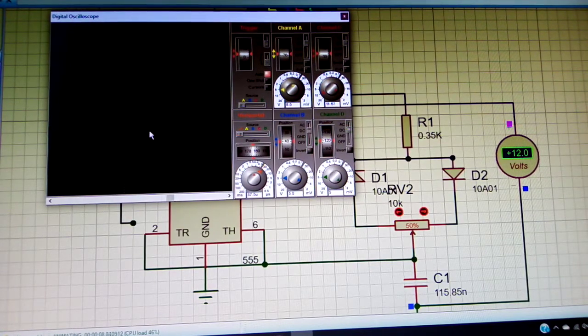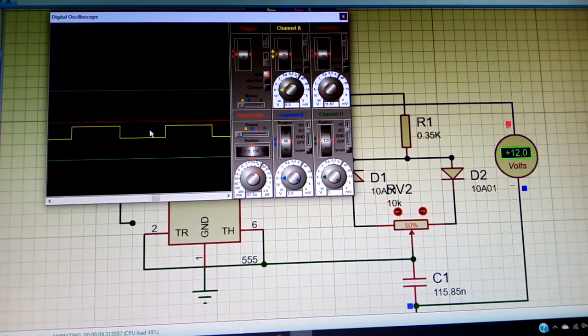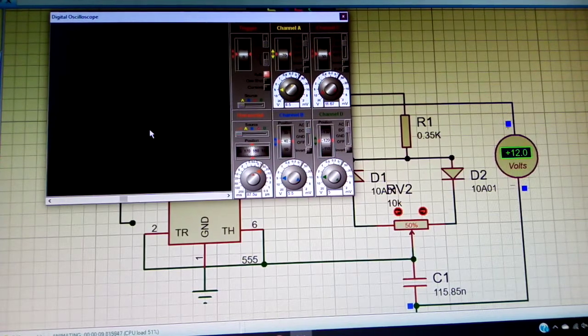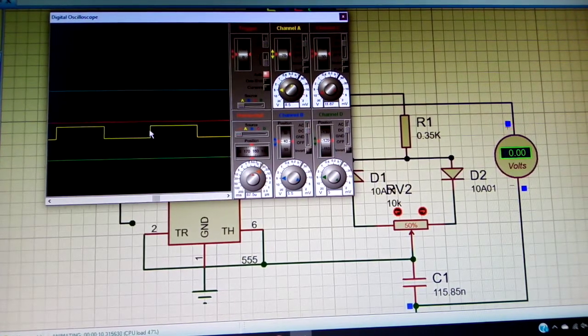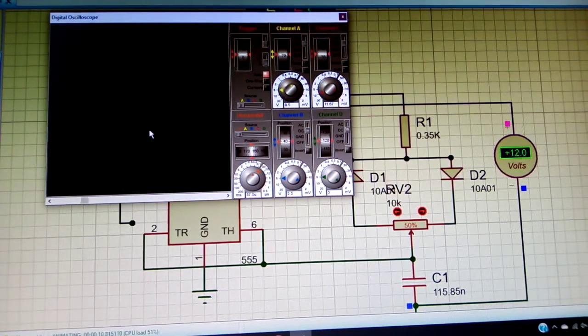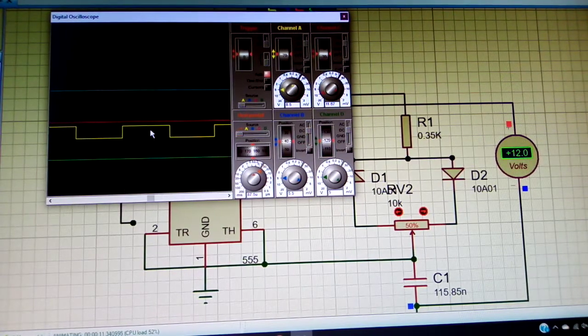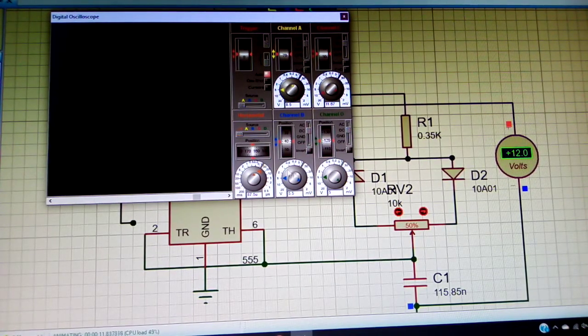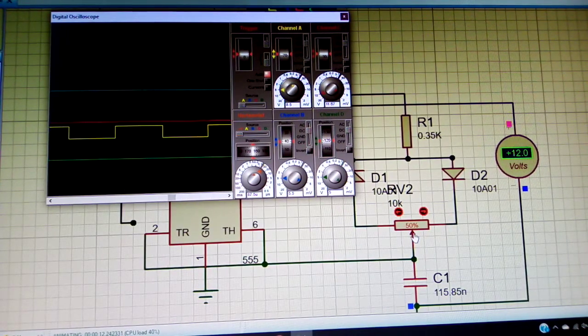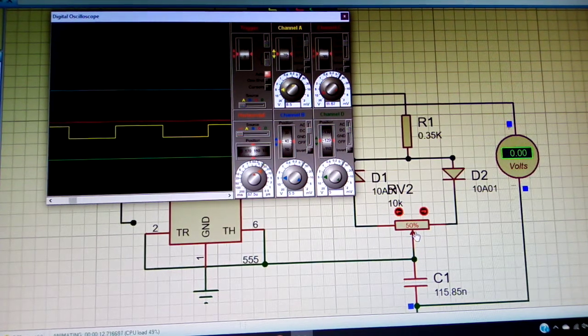Well, I can modify this one to obtain the necessary percentage that I want to have in my PWM generator. In the first case, I want to obtain 0.3.